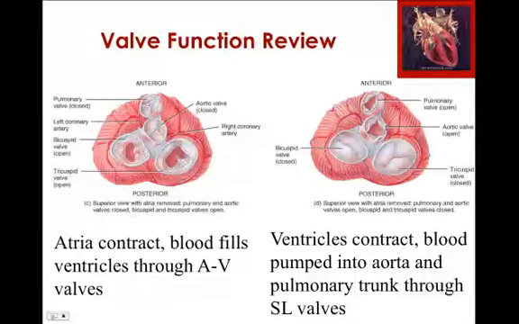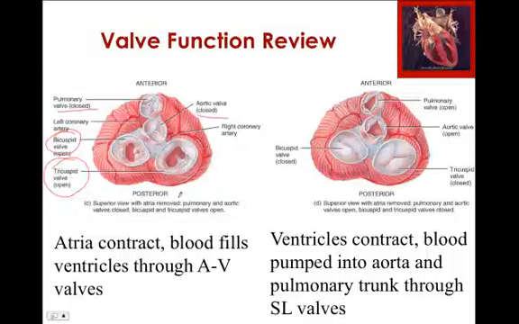Okay, so what happens is when the atria contract, just to give you an idea of what types of questions I might ask, the atrioventricular valves are going to be open. Those are going to be the bicuspid valve and the tricuspid valve, okay? And the pulmonary and the aortic semilunar valves will be closed.